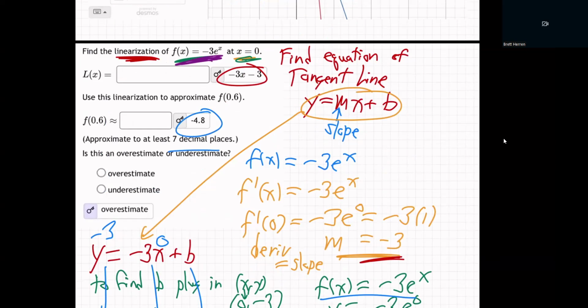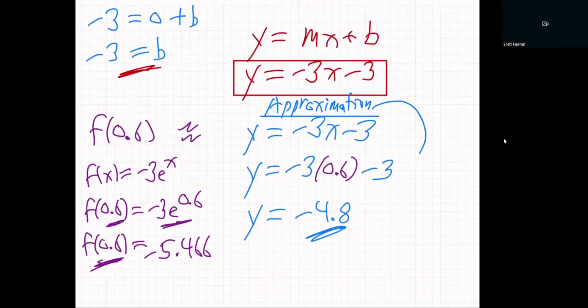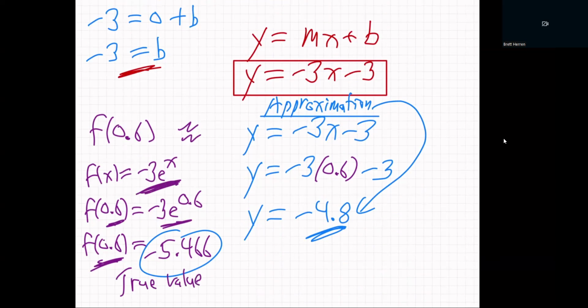Now, is this an overestimate or an underestimate? Is this approximation higher or lower than the true value, which comes from plugging into the actual function? Over here, we just plugged into the linear blue line and got an approximation.